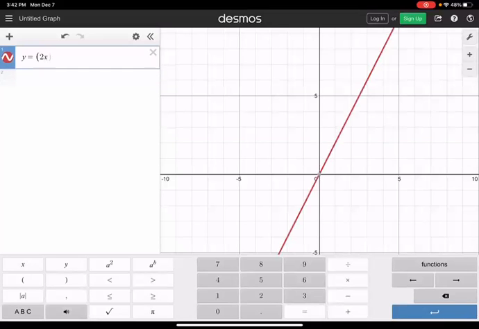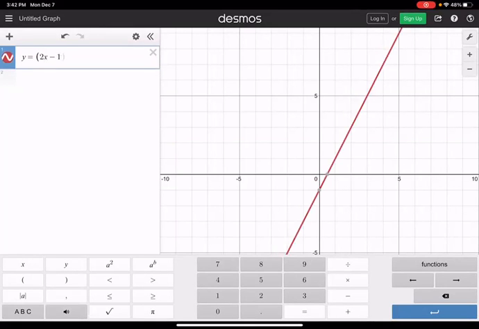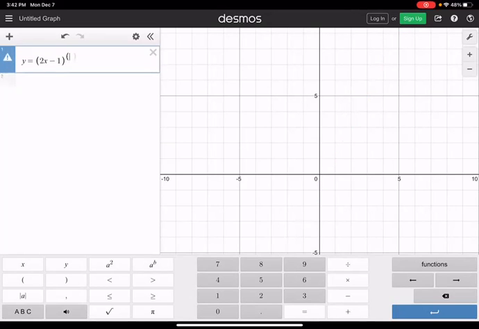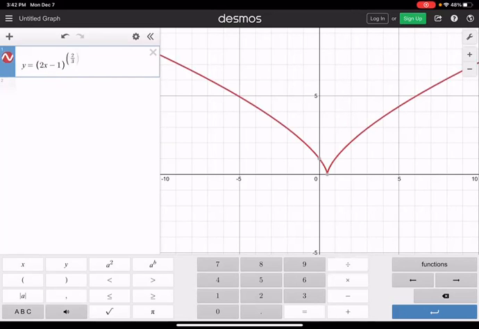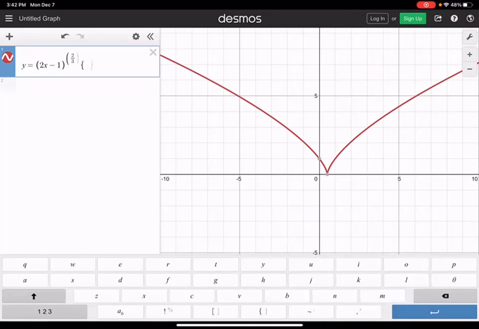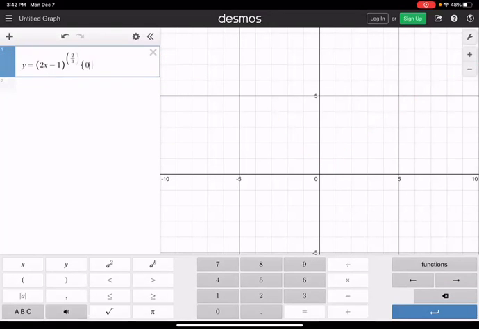So 2x minus 1, and then here is to the power of 2 over 3. You see, that's the reason. And from 0 to 1, right? Yeah, so we can do the curly brackets, okay? Even if you feel confused, you still can use the graph calculator to help you answer the question.